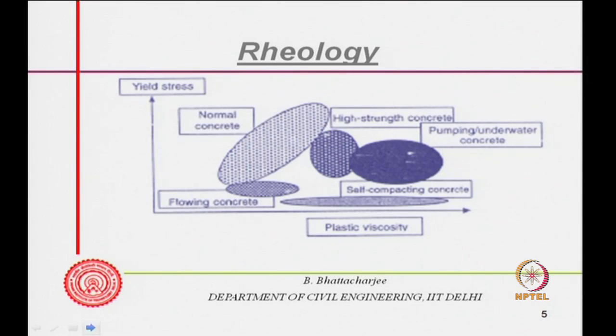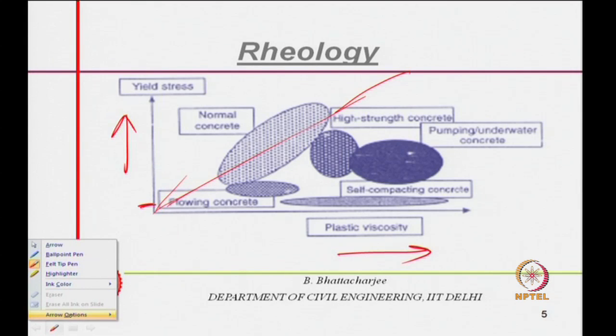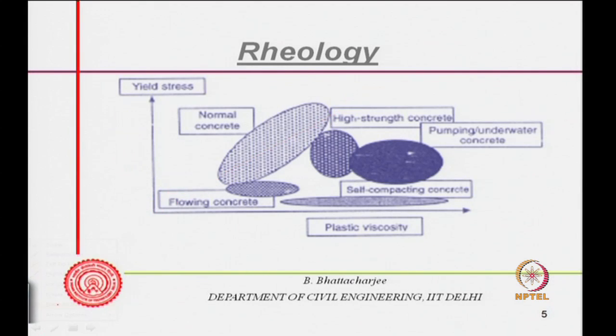And if you look at the rheology, plastic viscosity is along this direction, yield shear stress along this direction, and the Newtonian fluid will go somewhere there. This will be a linear line with yield shear stress being 0. Flowing concrete will have very low yield shear stress. Normal concrete lies somewhere there with some amount of yield shear stress and the viscosity somewhere there.